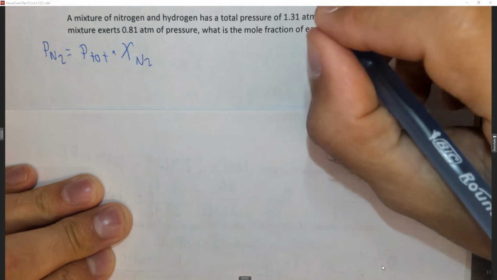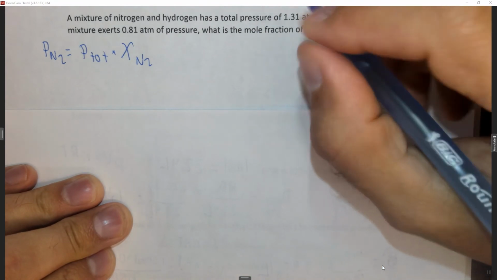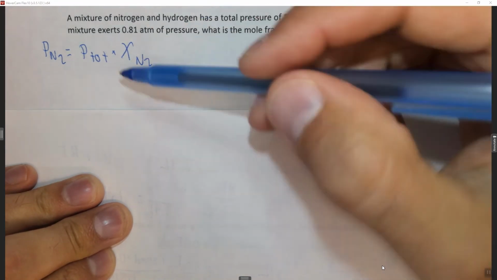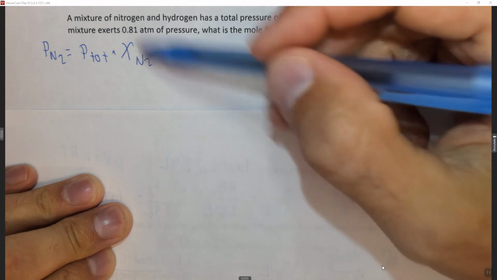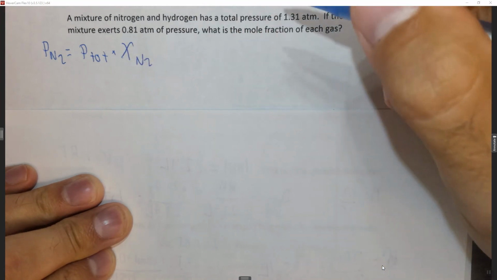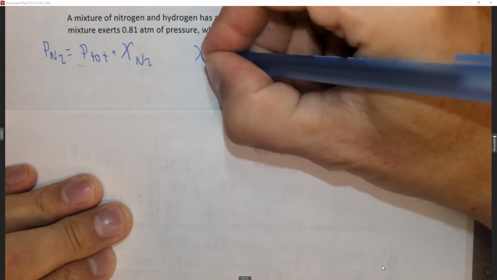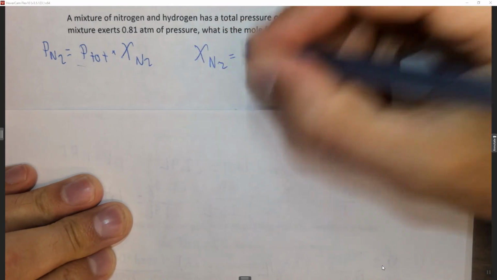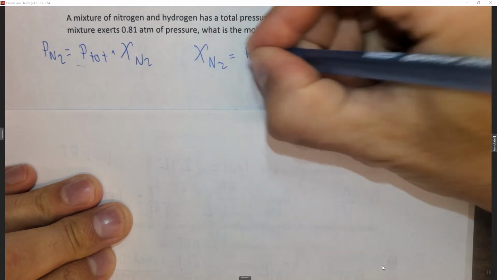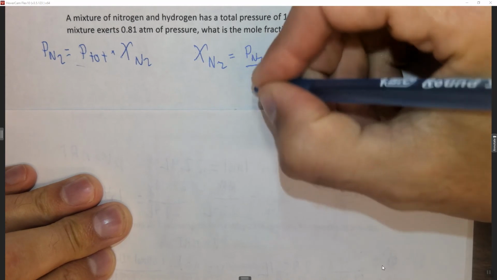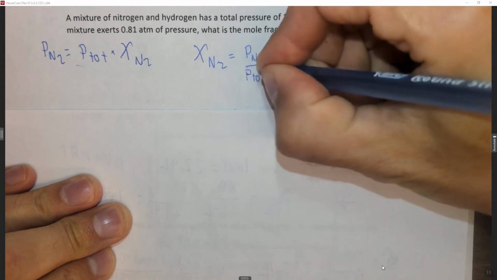But the other thing we need to know is how we are going to rearrange this in order to find the mole fraction of nitrogen. Well, what we're going to want to do is divide by the total pressure. So the mole fraction of nitrogen is equal to the pressure of nitrogen divided by the total pressure.